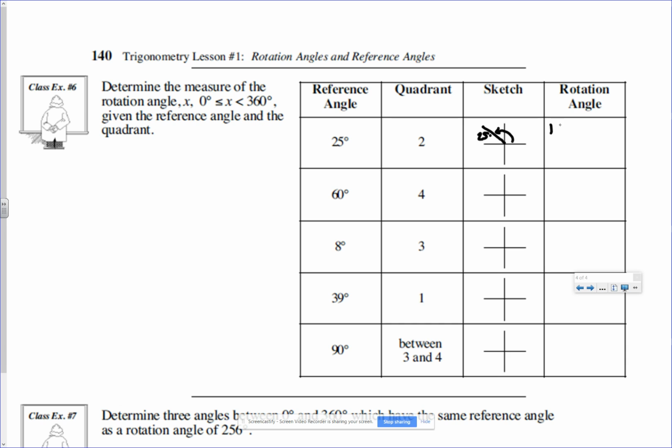So this would be 180 minus 25, and that would give me a standard angle of 155 degrees. If I had a 60-degree angle in quadrant 4, there's my 60-degree angle. I want the rest of it. So that would be 360 minus 60, and that would give me a standard angle of 300.